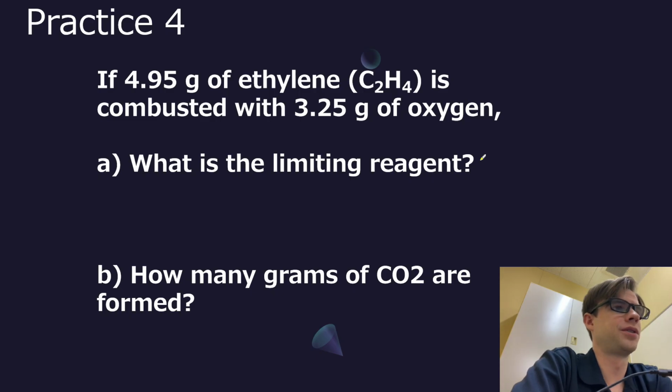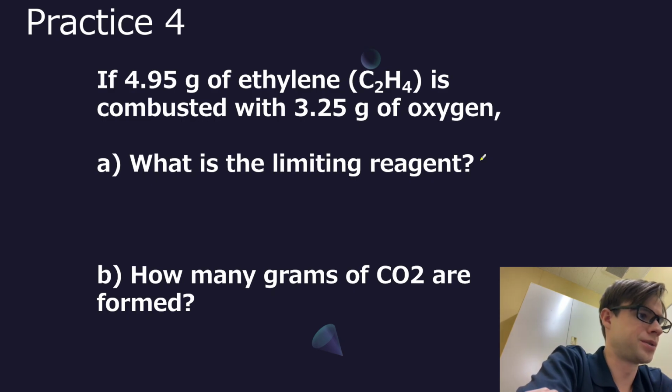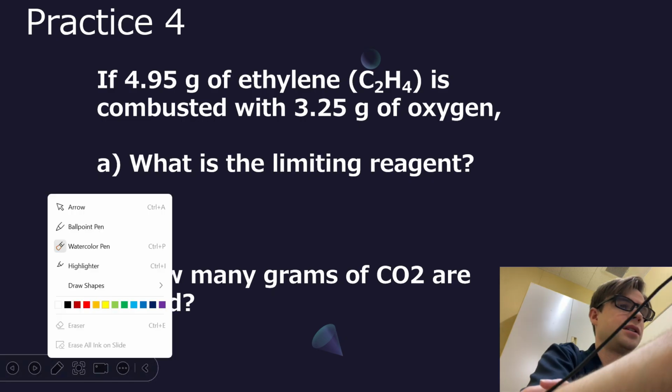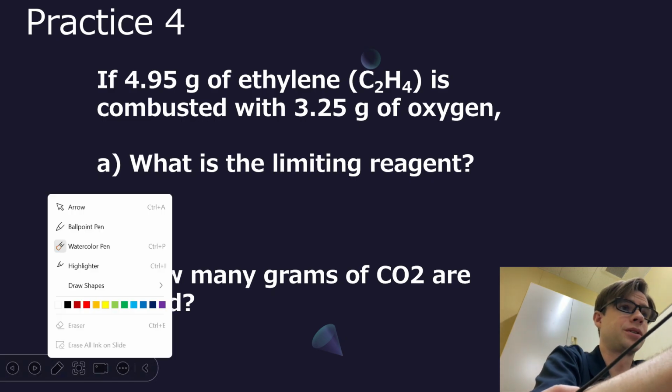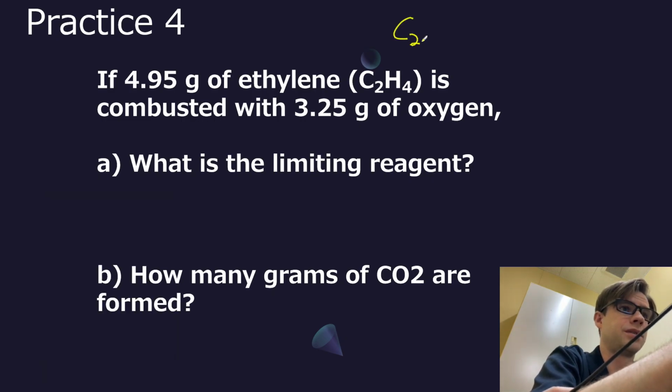If 4.95 grams of ethylene, C2H4, is combusted with 3.25 grams of oxygen, what's the limiting reagent? How many grams of CO2 are formed? Okay, let's try to do this extra speedy. So first thing, you need that balanced chemical equation, so make it yourself if you're not given it. This is a combustion, you should know.